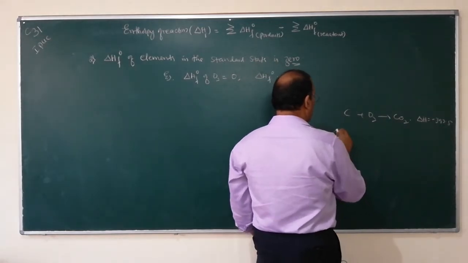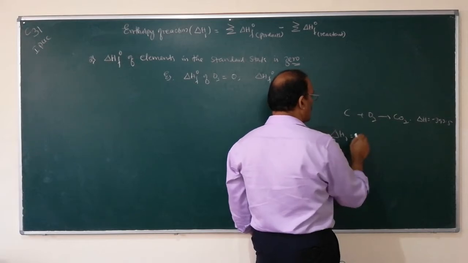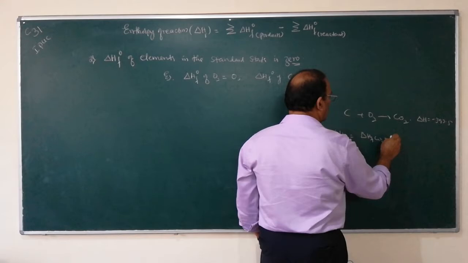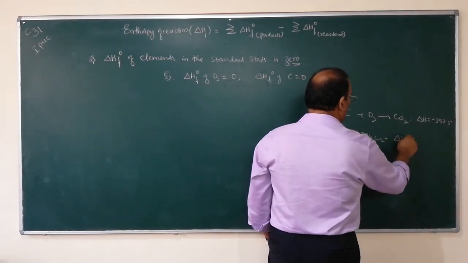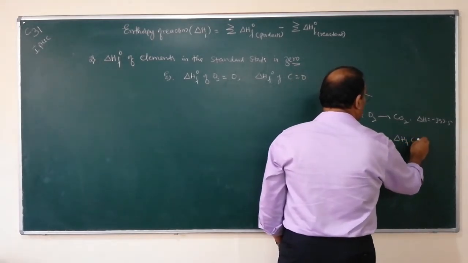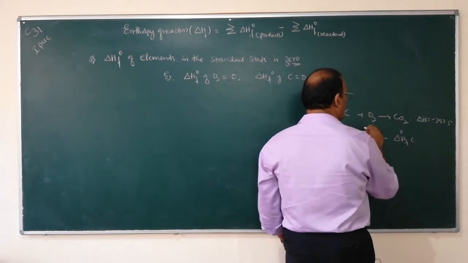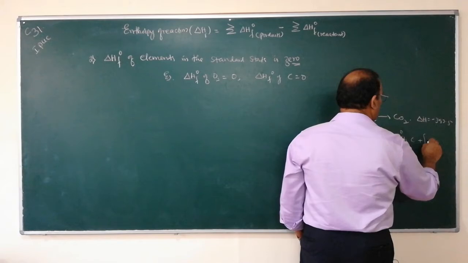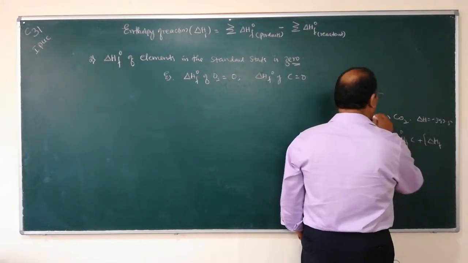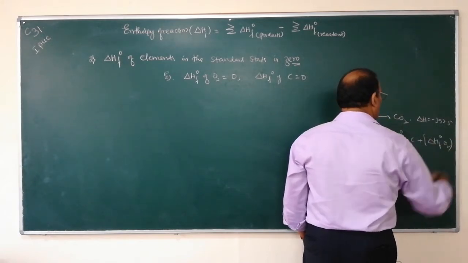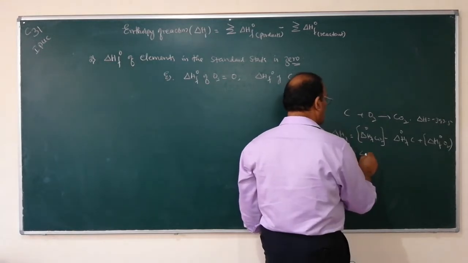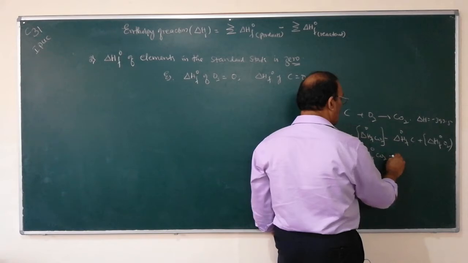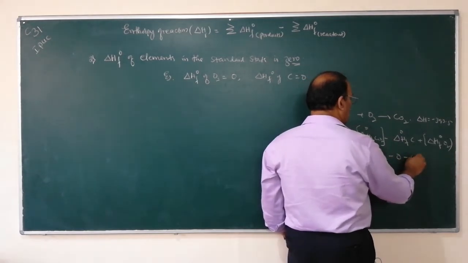The enthalpy of reaction delta HR is equal to the enthalpy of formation of CO2 minus the enthalpy of formation of C plus the enthalpy of formation of O2. So this equals delta HF naught of CO2 minus 0 minus 0.